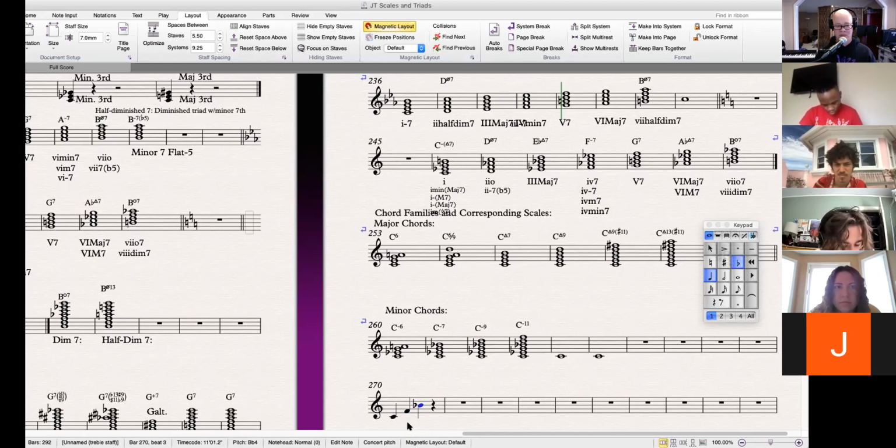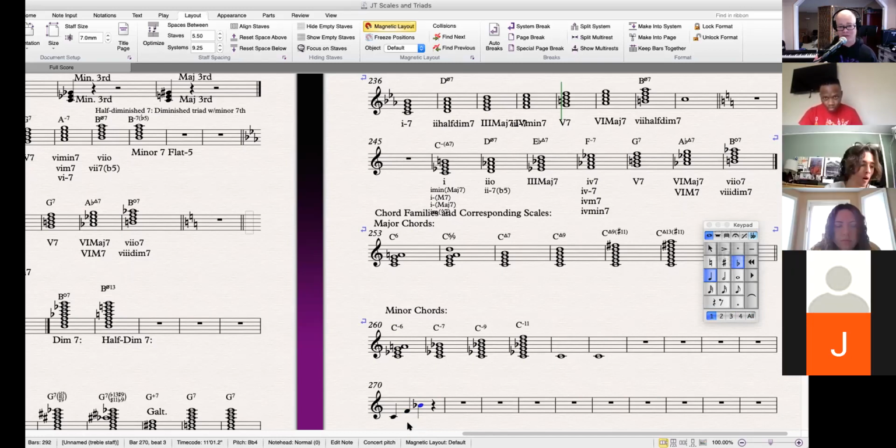Quartal, like a quartet is 4 people, so it's the interval of a fourth. So here's the C minor 11, and then I'll just play a little melodic thing using that kind of quartal sound. Here we go.